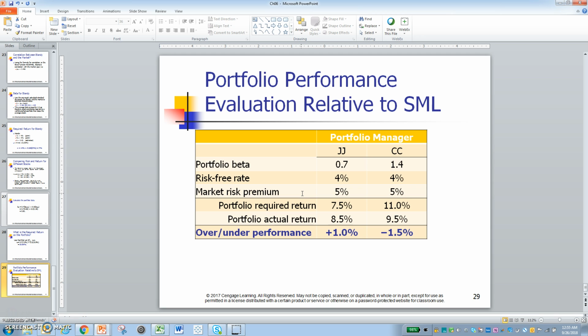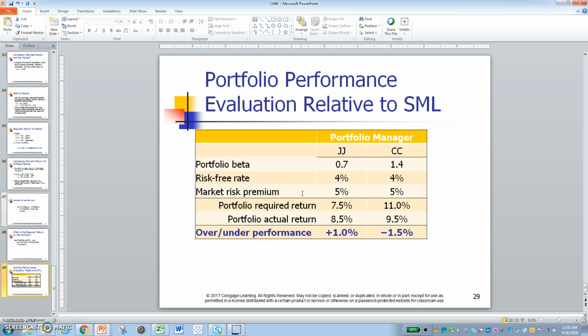Right, so we knew that going into the year. Then what we've seen as the year actually progressed, the actual return for JJ was 8.5. For the other one, it was 9.5. Initially, we may say, oh, well, CC outperformed JJ.